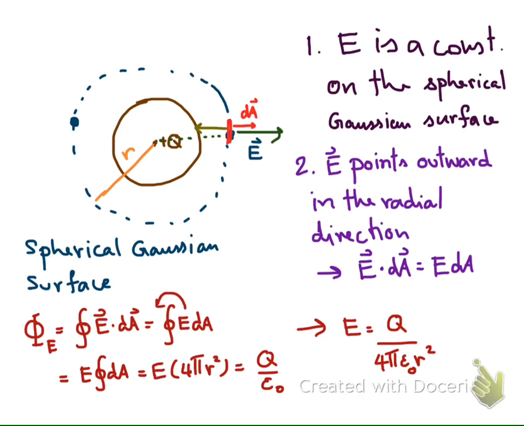So this is the magnitude of the electric field on the Gaussian surface, and also the magnitude of the electric field at the point that we want to calculate.